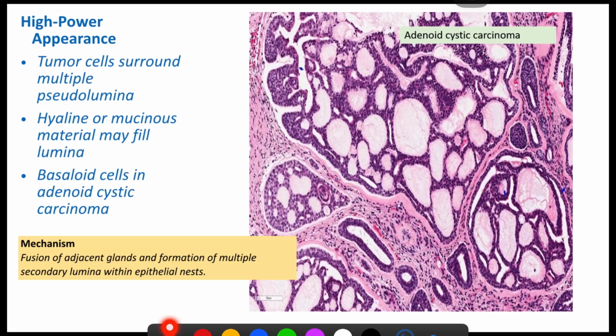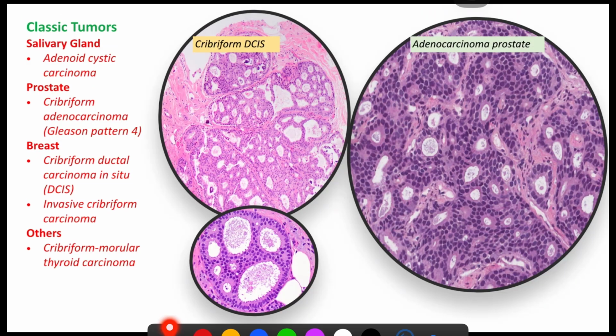Sometimes you can find hyaline or mucinous material filling these lumina, and basaloid cells are visible in adenoid cystic carcinoma.